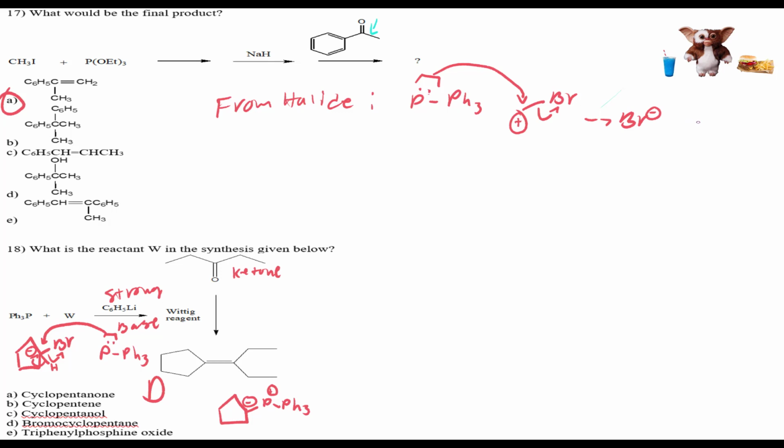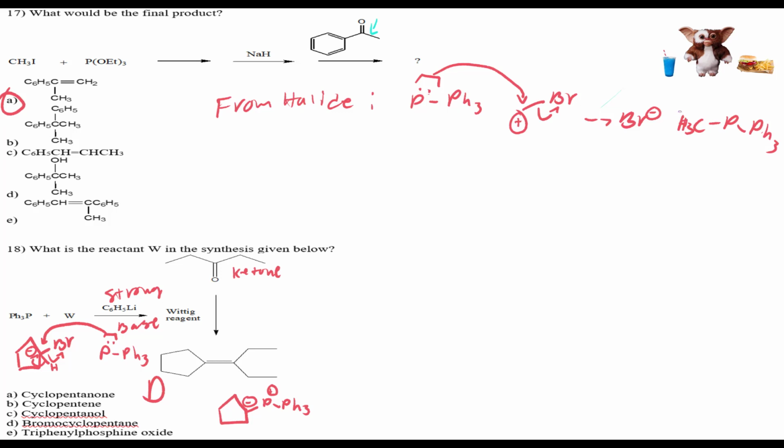And now we have carbon with phosphorus, and then phosphorus with a phenyl right there. Okay. And so now this bromine is really, really negative, okay? So let's just do it right here.